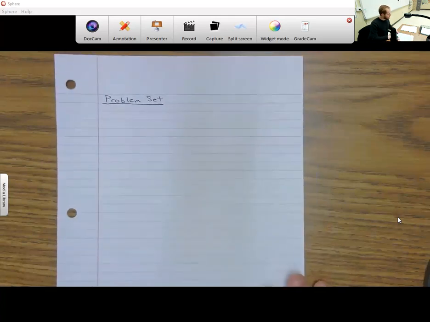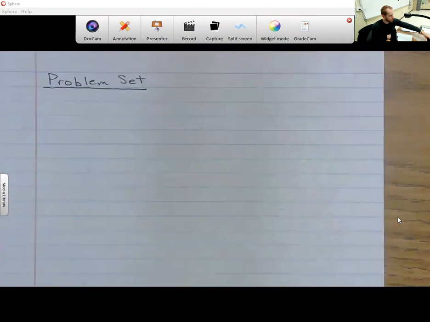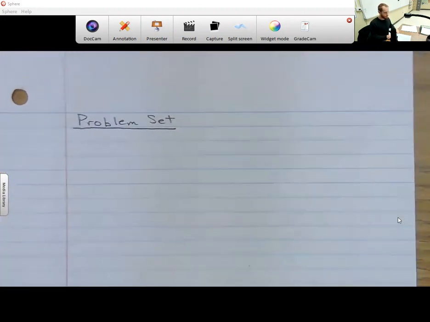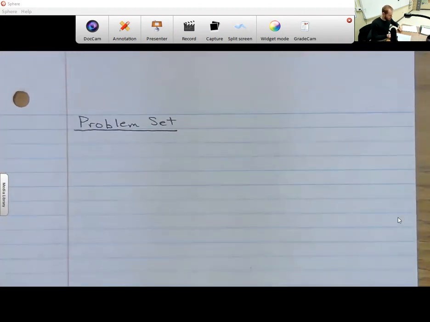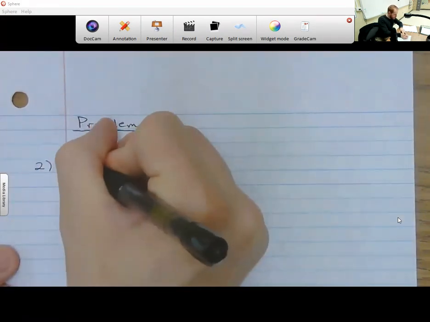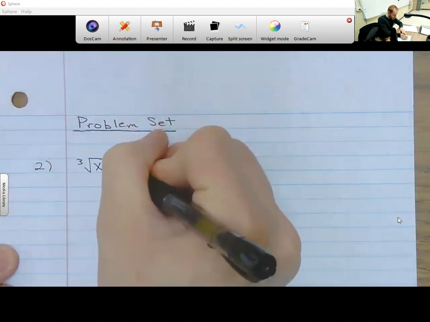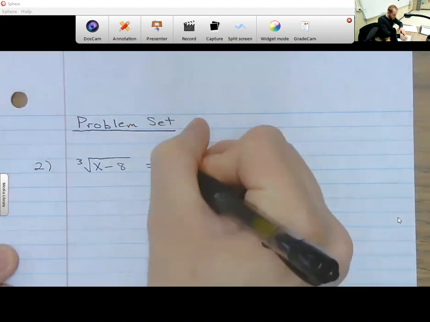Let's look at number 2. I'm going to zoom in so you guys can actually see what I'm writing. There we go. Okay. So number 2 says the cube root of x minus 8 equals 2.